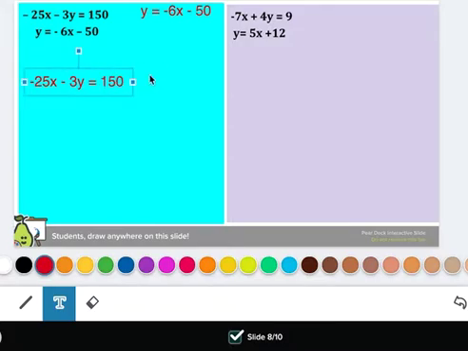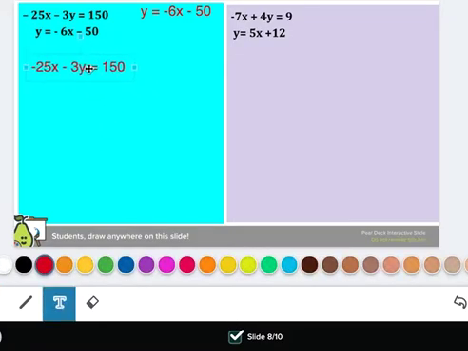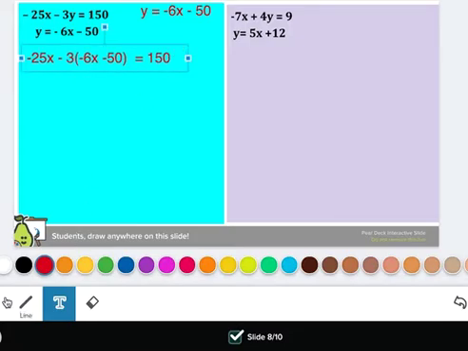Now in place of y, because this is y equals, we get rid of the y, and because this is 3 times, we put in the times symbol and replace it with that -6x minus 50. After you do that, you distribute.